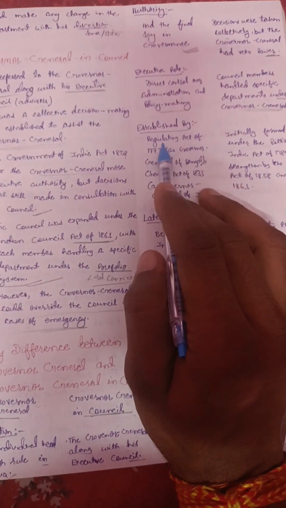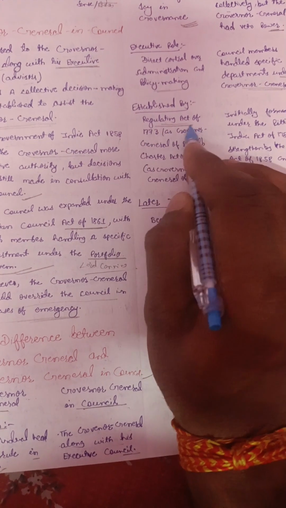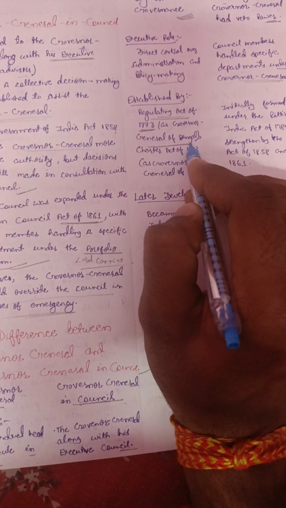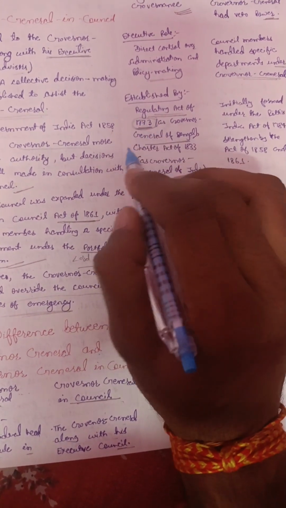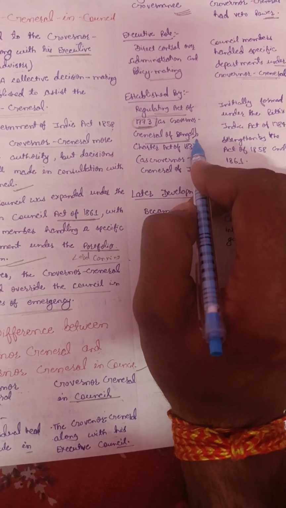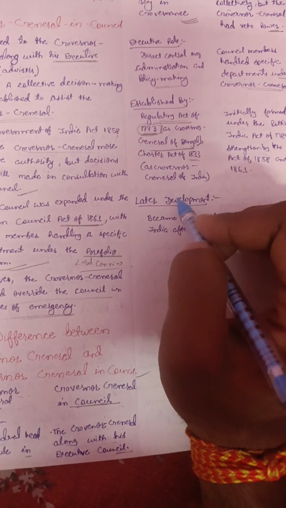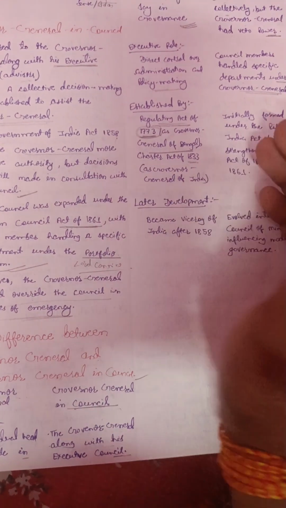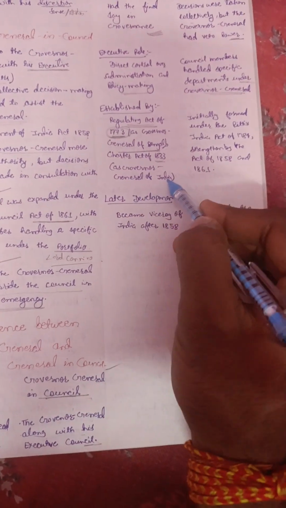The Governor General was established by the Regulating Act of 1773 as the Governor General of Bengal. First of all, the term Governor General was used in 1773, for Bengal. Next, the Charter Act of 1833 made it a figure of the whole nation as Governor General of India.